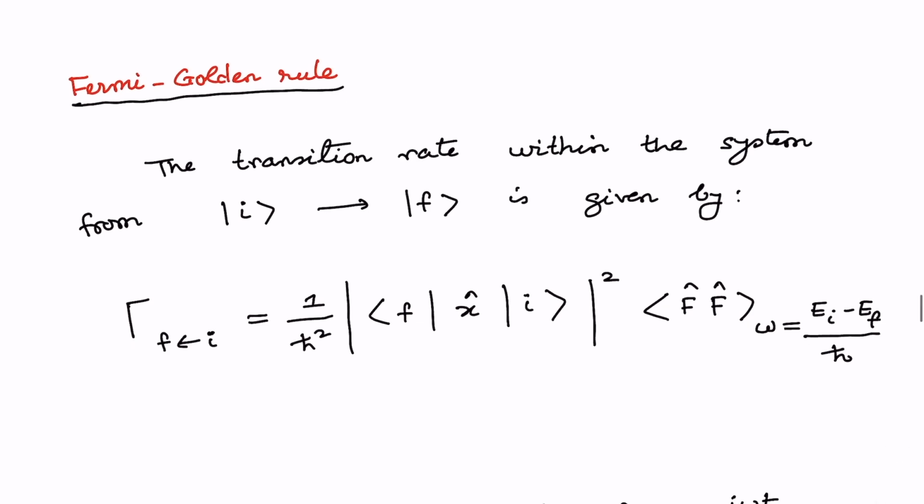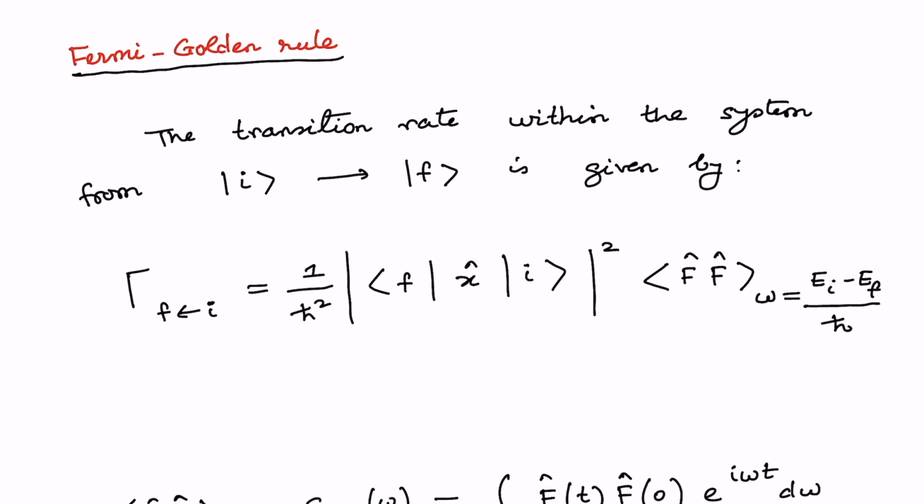So the Fermi golden rule, which you may have encountered in your quantum mechanics course, is given by this formula here, and I will explain what it basically tells you.